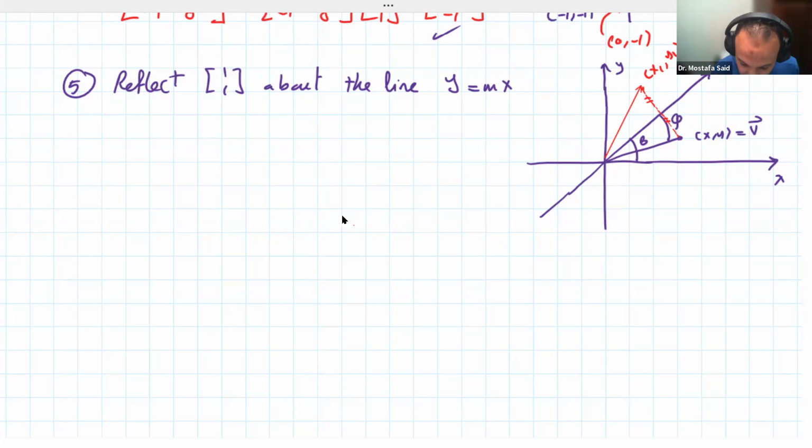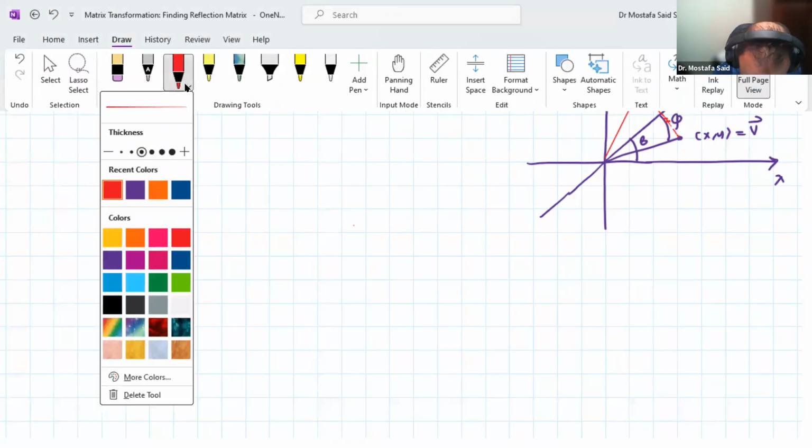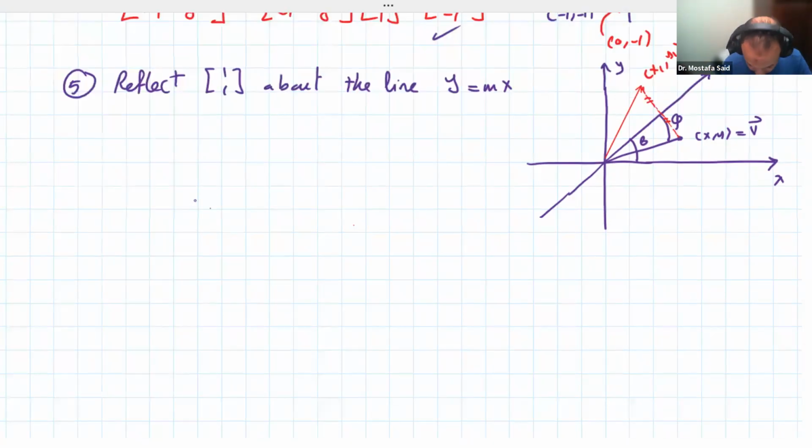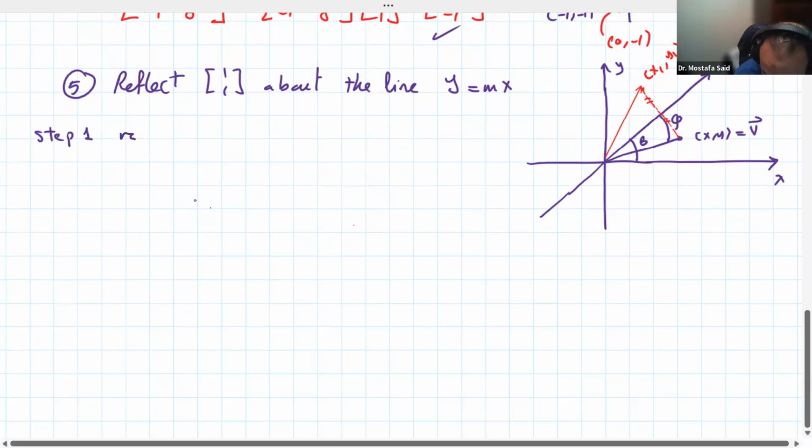Okay. So let's go back to our original file. The first step is to rotate in the clockwise direction with an angle theta. So the first step, step 1: rotate everything.